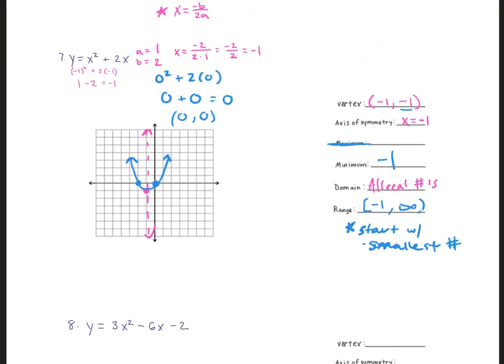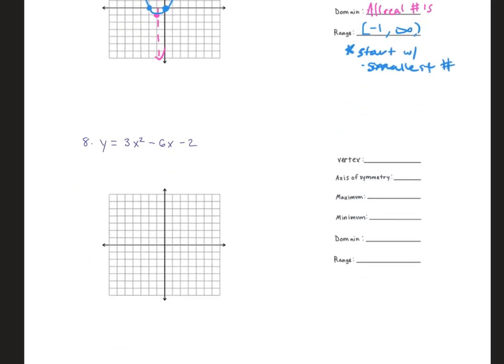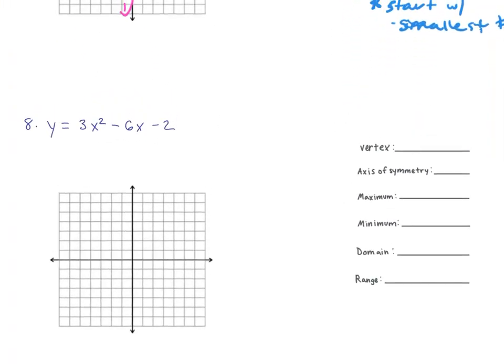Any questions on number 7? Last one. So again, standard form, where do we start? Axis of symmetry. What's our formula for axis of symmetry? Negative b over 2a.